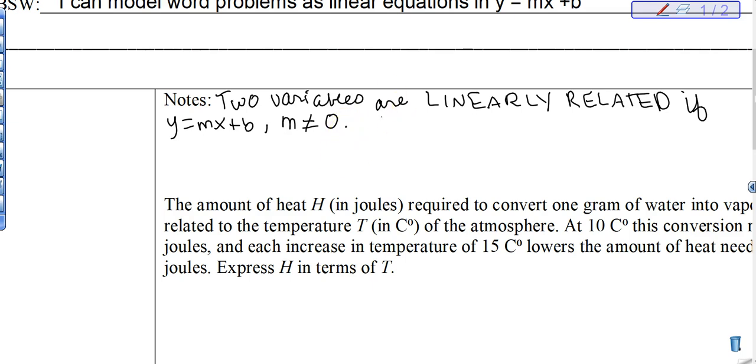Okay. Things to be on the lookout for. Look for data that provides coordinates.